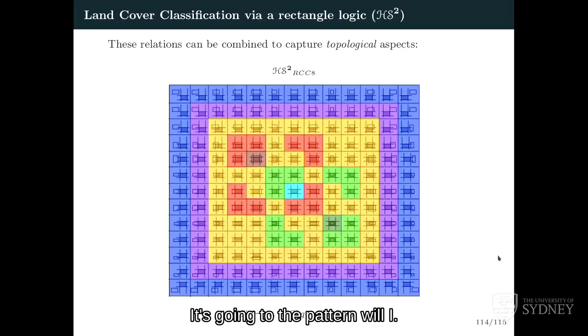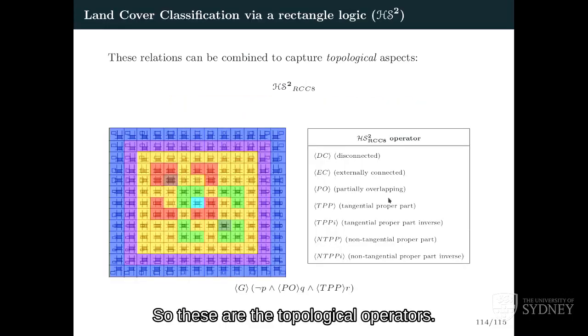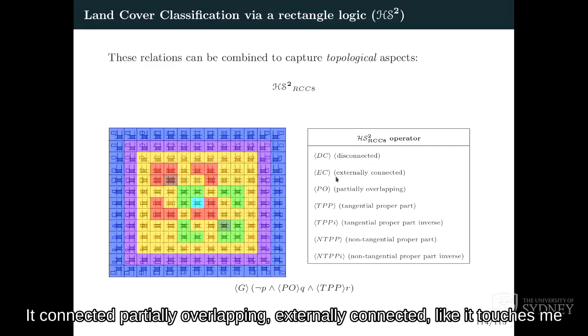I guess you get the idea. So these are the topological operators: disconnected, partially overlapping, externally connected, like it touches me from outside.